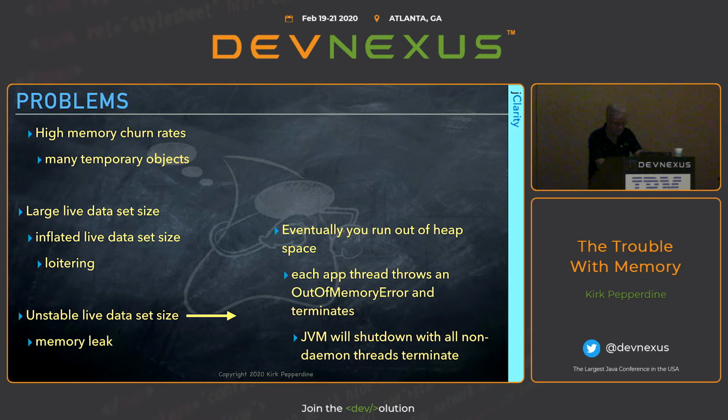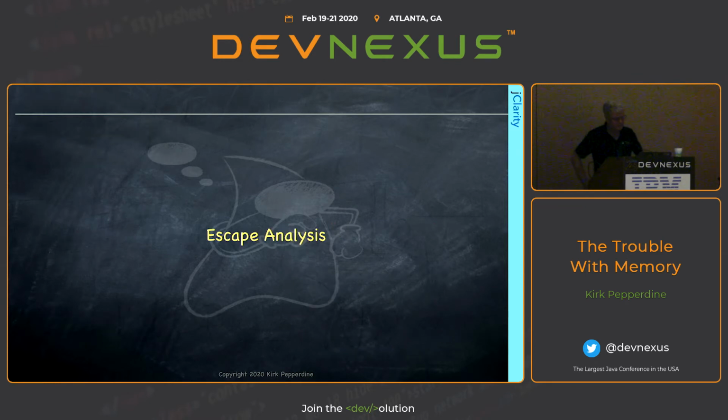I did talk a little bit about escape analysis at the beginning. With escape analysis, what we're actually doing is trying to determine the visibility of a piece of data.